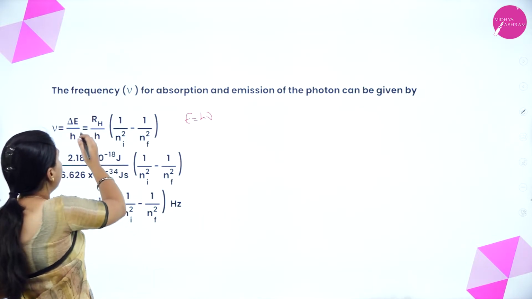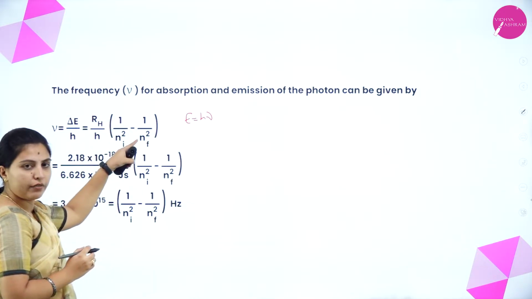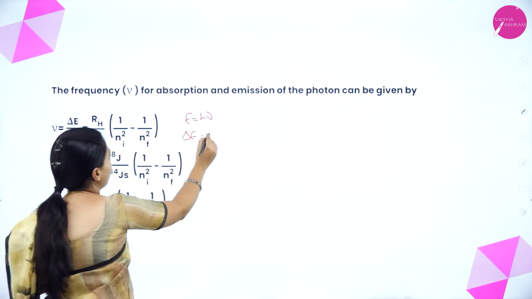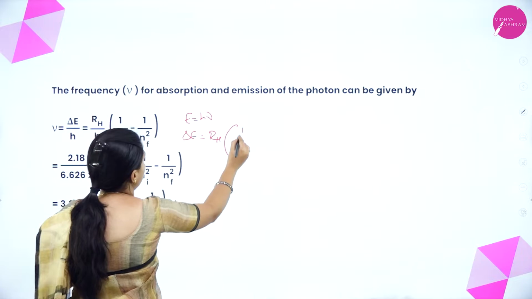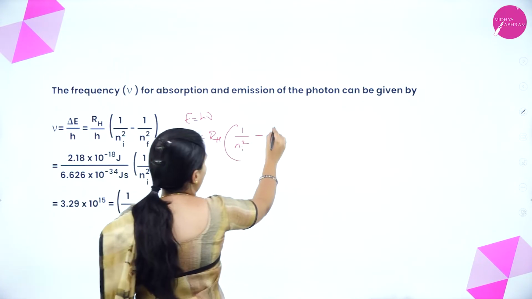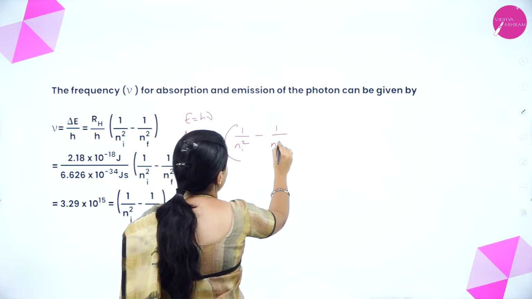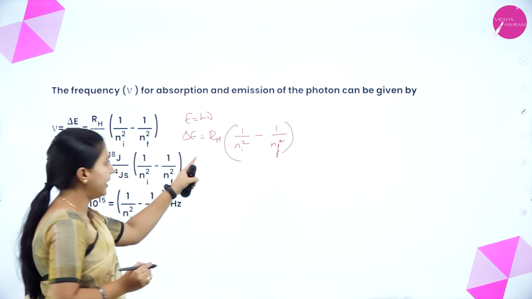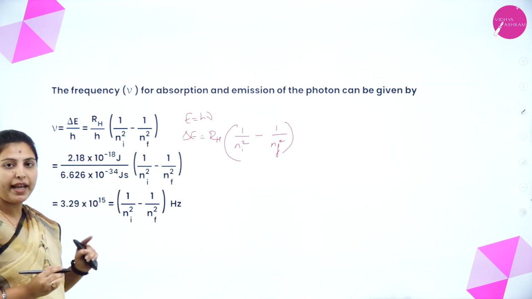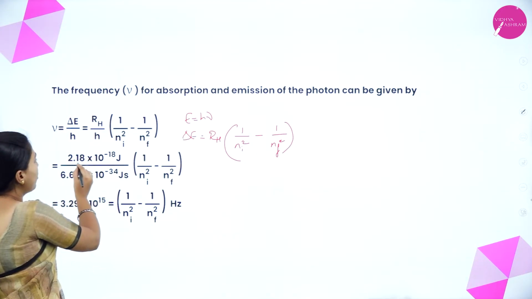Here delta E equals RH times 1 by Ni square minus 1 by Nf square. This h is Planck's constant. What is Planck's constant?